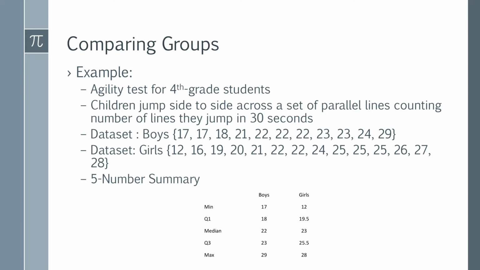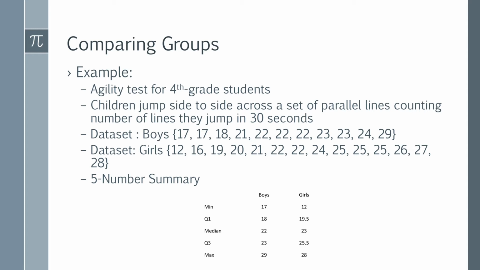So now we're going to look at the same data, except we're going to break the students up into 2 groups. We're going to have a data set for boys and a data set for girls. Okay, and we're going to compare the two. Same data that we had before, same agility test, same students, and the same number of seconds that they have to jump side to side over the lines.